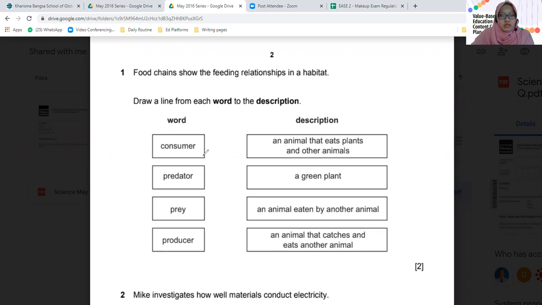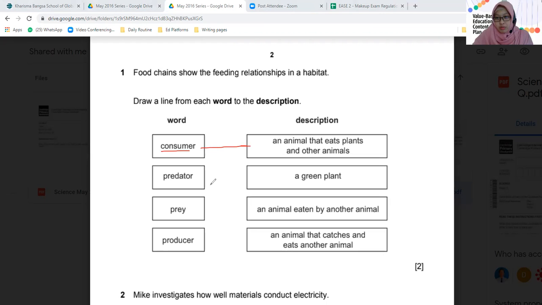The first one is consumer. Consumer comes from the word consume. So it is an animal that eats plants and other animals. Then predator.